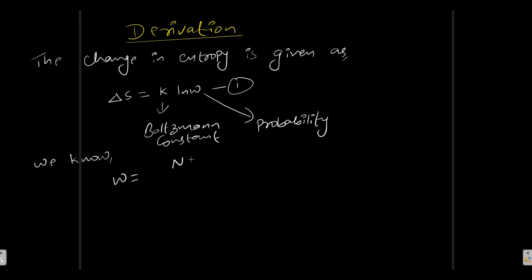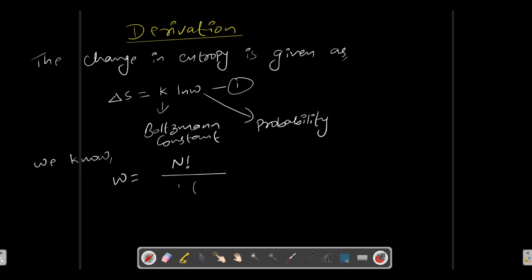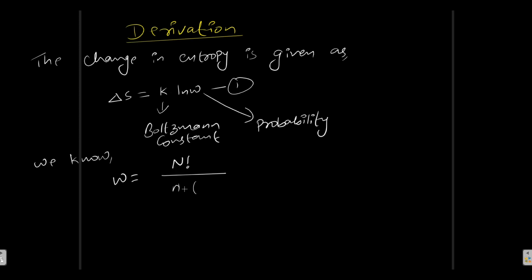This will be first one for the total number of ions, that is N factorial by n factorial into N minus n factorial, sorry, this one was supposed to be small n. Into, now for the interstitial site, that is Ni factorial by n factorial into Ni minus n factorial.